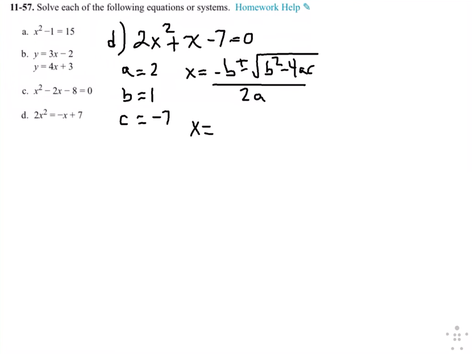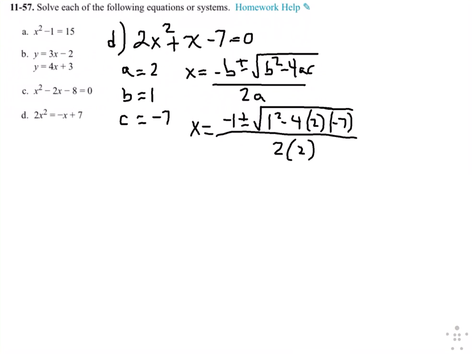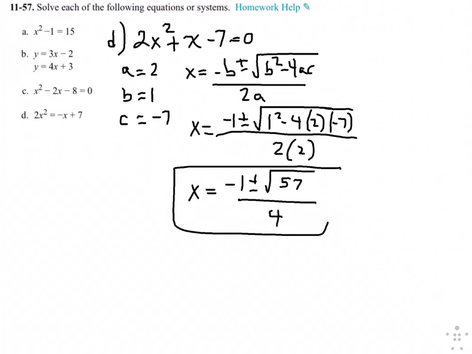So x equals negative 1 plus or minus the square root of 1 squared minus 4 times 2 times negative 7, all over 2 times 2. x equals negative 1 plus or minus the square root of 1 plus 56, root 57, all over 4. I made that kind of long there, right? Okay, and we're done. We leave it in that form for D.